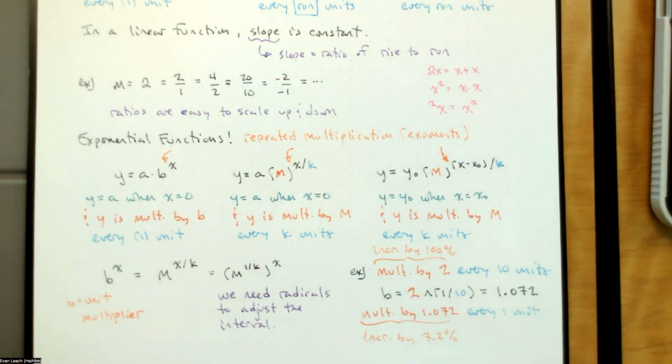Increasing by 100% every 10 units is the same as increasing by 7.2% every 1 unit. The point is, we have to use radicals to change the multiplier and the interval, rather than just changing a ratio. That's why we like linear functions. Questions?